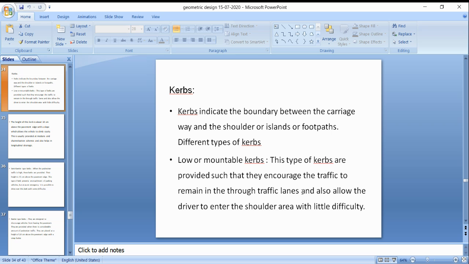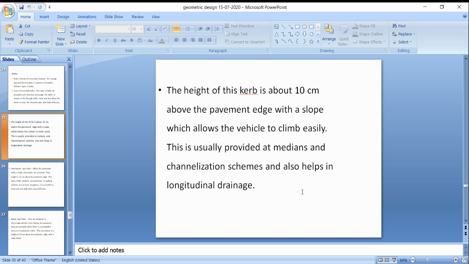The vehicle will not move beside that, because it will be difficult to get back onto the road. The height of the mountable curb is about 10 centimeters above the pavement edge, with a slope which allows the vehicle to glide easily.